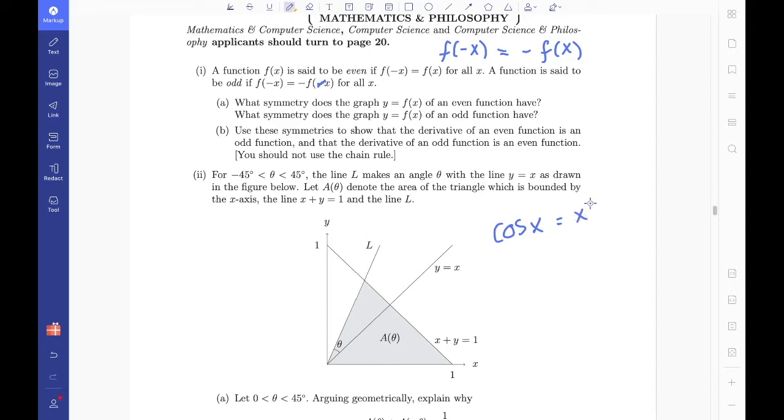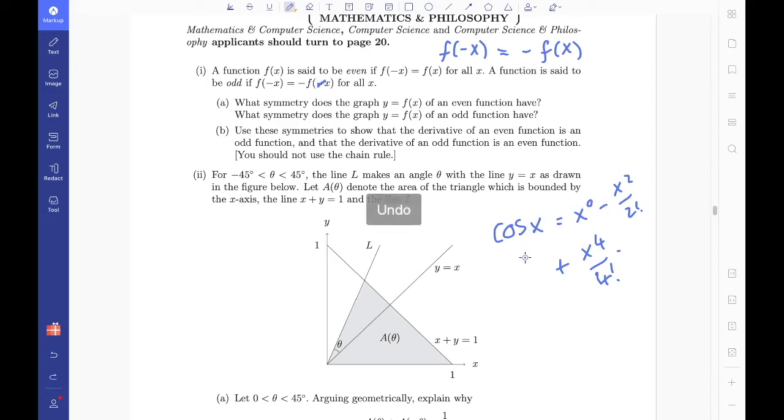So you can think of it as x to the 0 minus x squared over 2 factorial plus x to the 4 over 4 factorial, and so on. So that's why cosine is an even function, and sine is an odd function for the same reason. It has all the odd numbered powers.